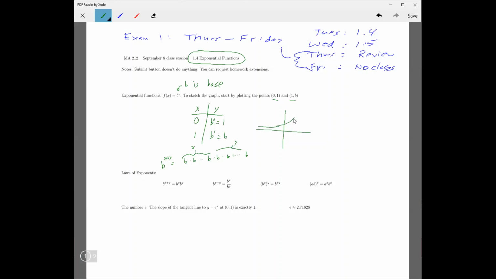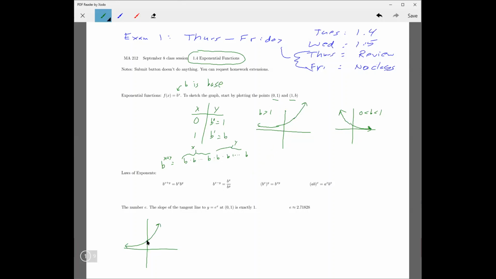If b is greater than 1, then it's like this. If b is between 0 and 1, then it's like this. Those are the two basic shapes of the exponential. E is about 2.7 something, so it's going to be the first one.